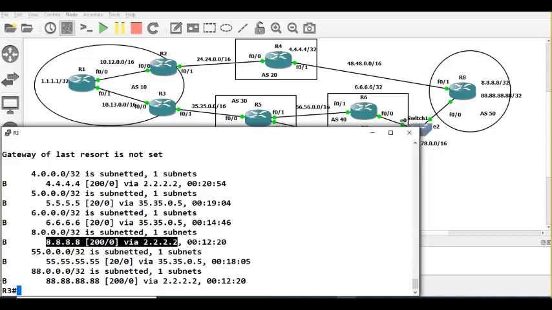So though router 3 knows both the paths, router 3 is not giving it because router 3 says, for me, it's more hops via router 5. I'm not going to use it, so I'm not going to give it.